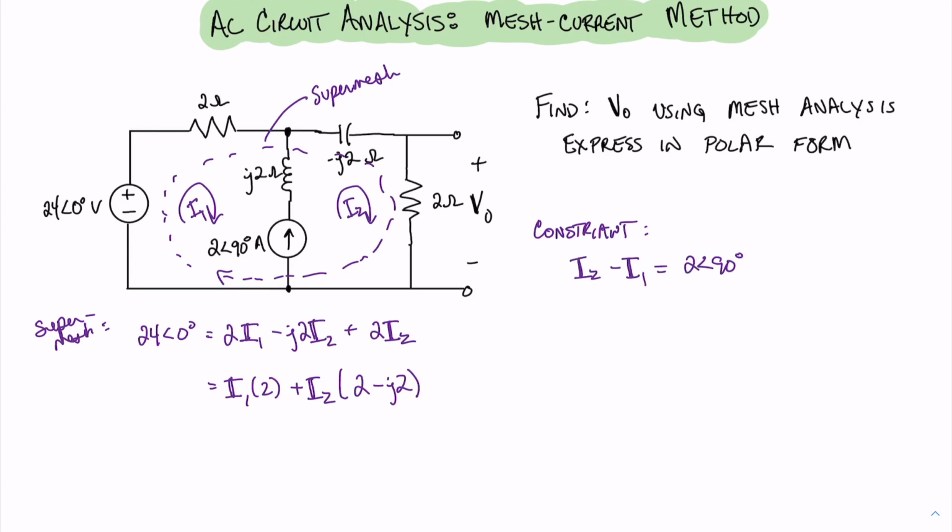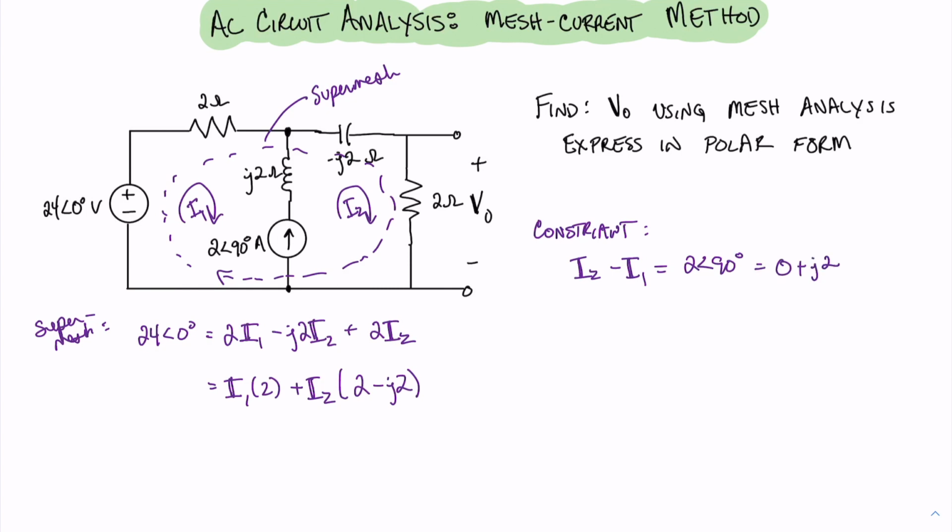On the polar graph, this 2 angle 90 would be pointing straight upwards, and it would be completely imaginary. At 90 degrees, that's the imaginary axis. So I don't even have to do any conversions or special math here. I can just know that in rectangular coordinates this will be 0 plus J2.